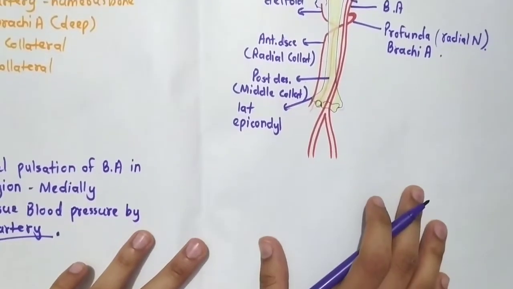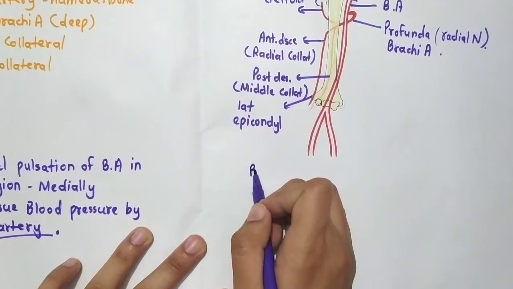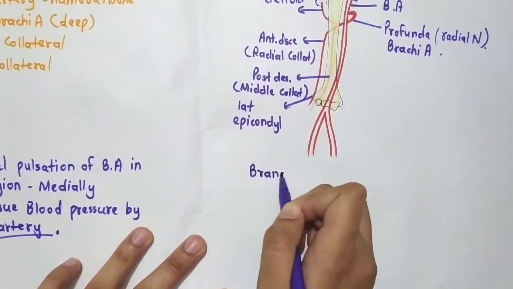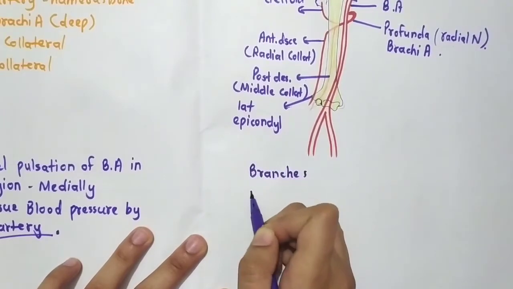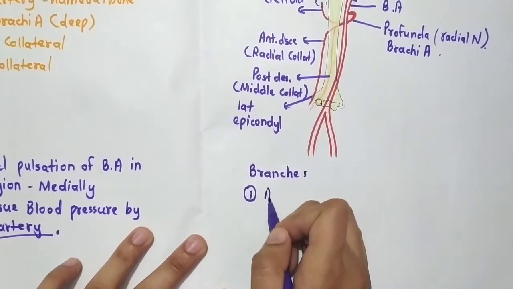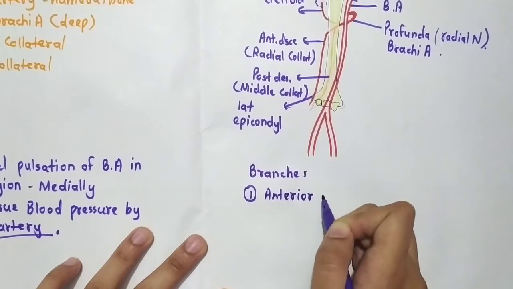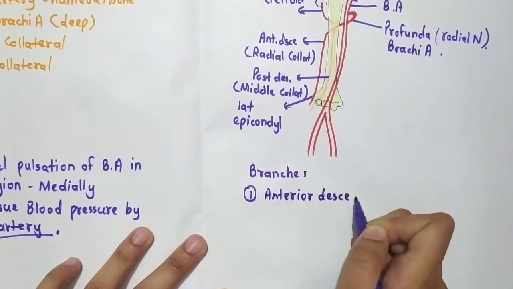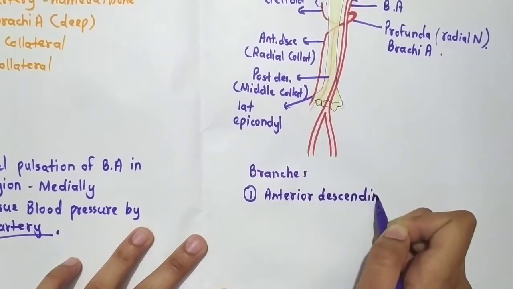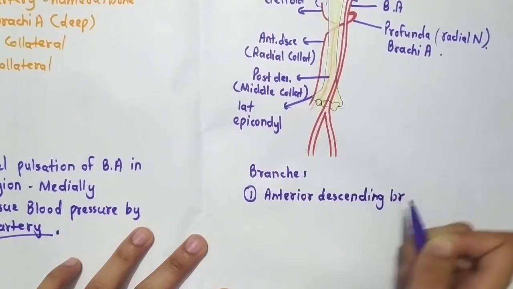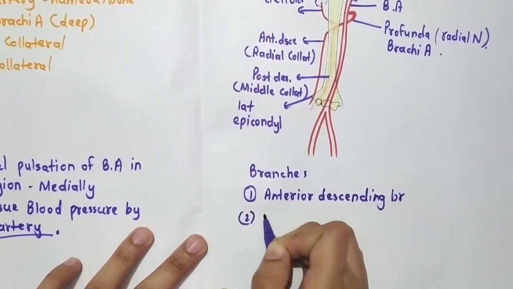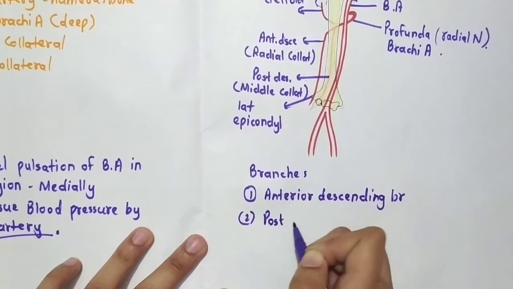So let us write down the branches. First is anterior descending branch. Second is the posterior descending.